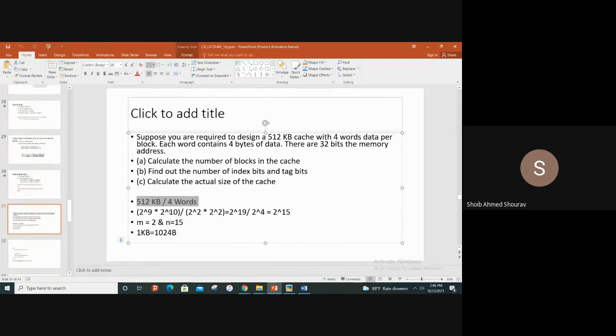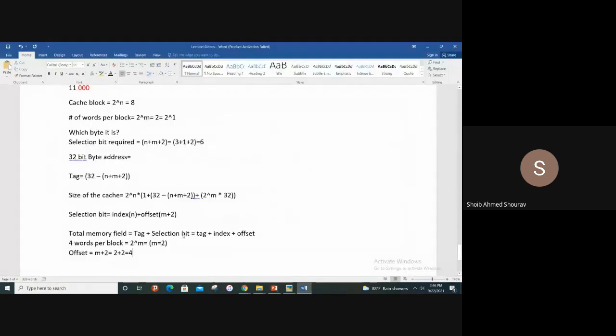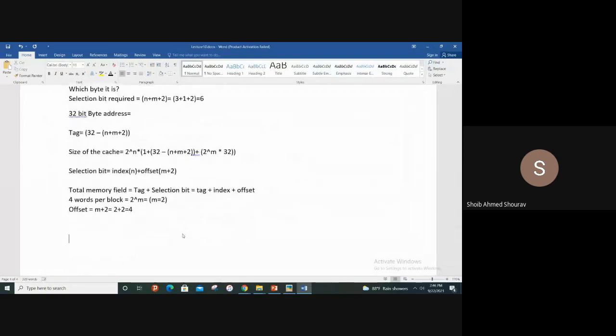But if we want to divide these, the two are not in the same unit, right? Please respond. Yes, sir. One is in kilobytes and one is in words. So we have to take them in the same unit, only in bytes.